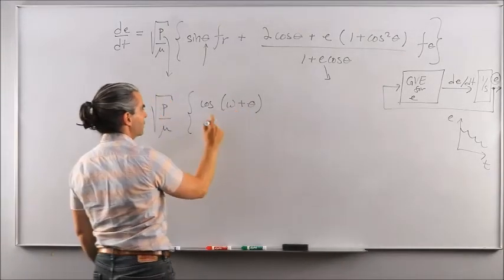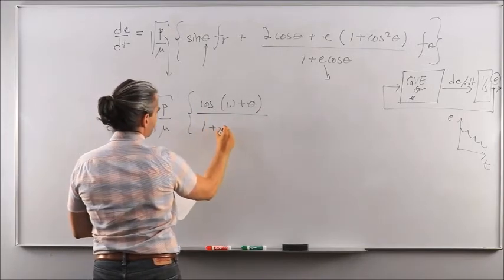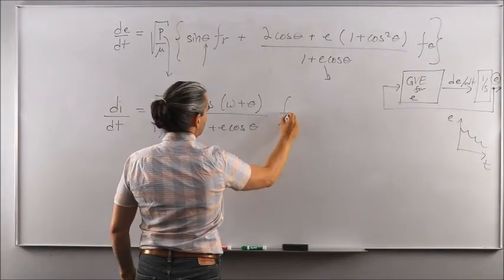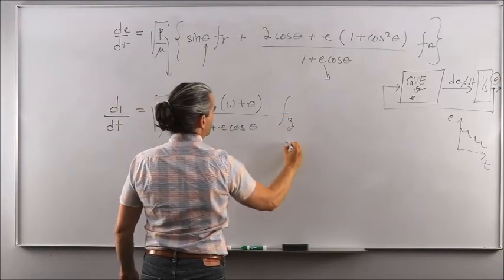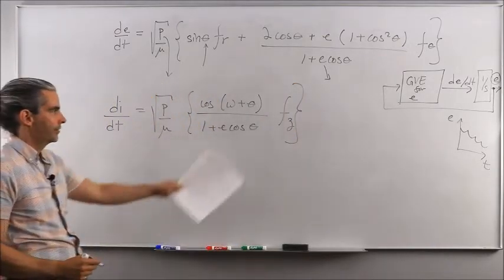This is u, okay, over 1 plus e cos theta. This times the z component of the perturbing acceleration in the orbital reference frame, or Fz.